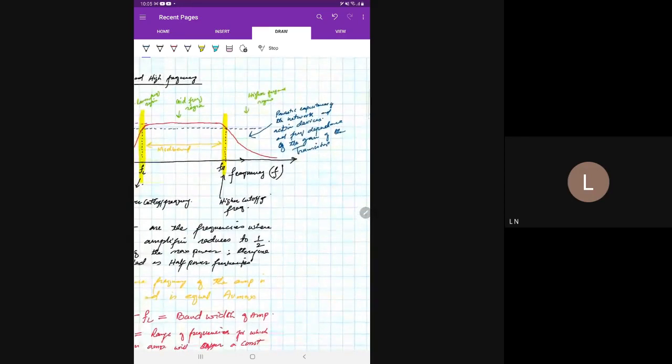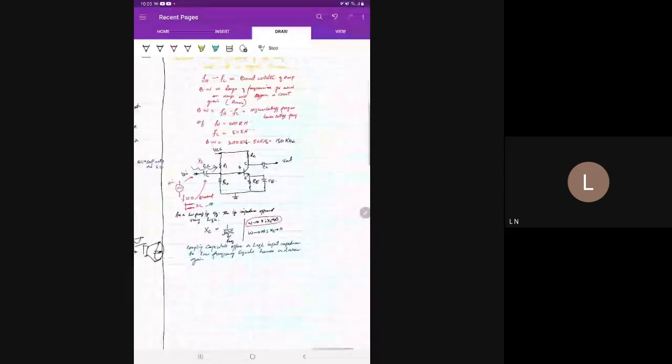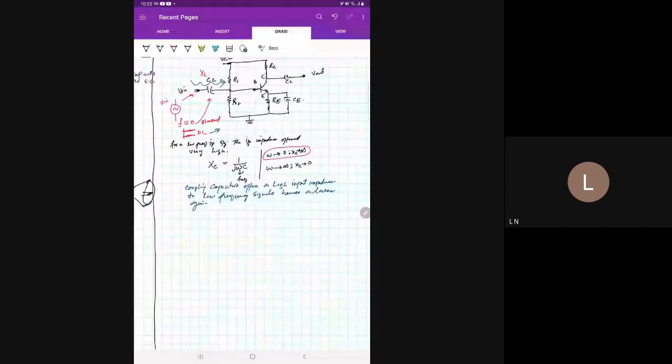Now see, our active devices, say if it is a BJT or any other device, are not ideal devices. They always have certain parasitics associated with them. For example, if we take an NPN BJT, this is emitter, this is base, and this is collector.